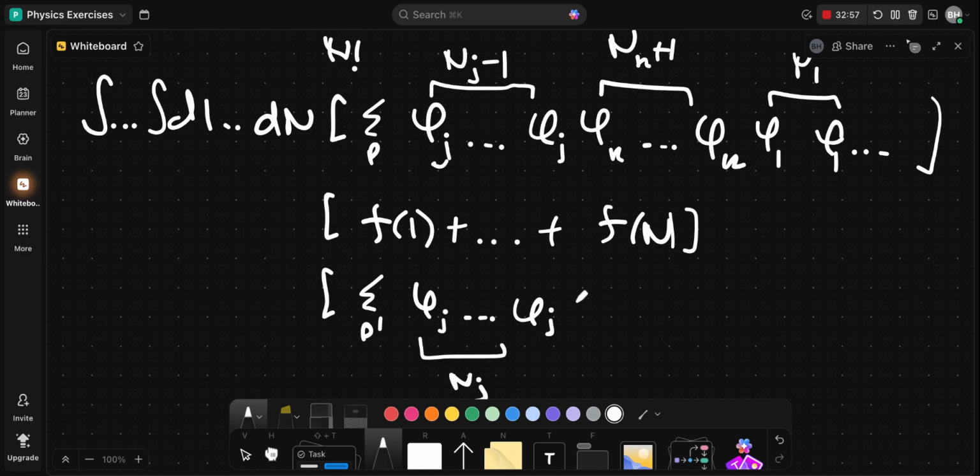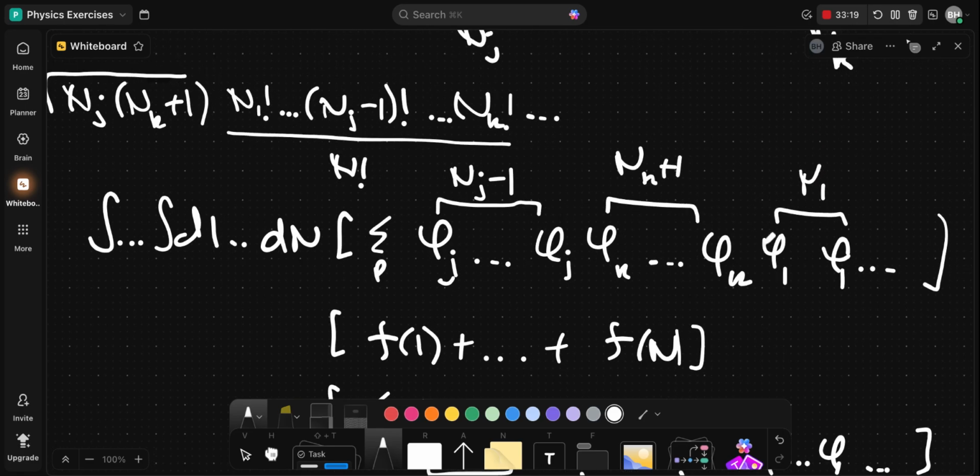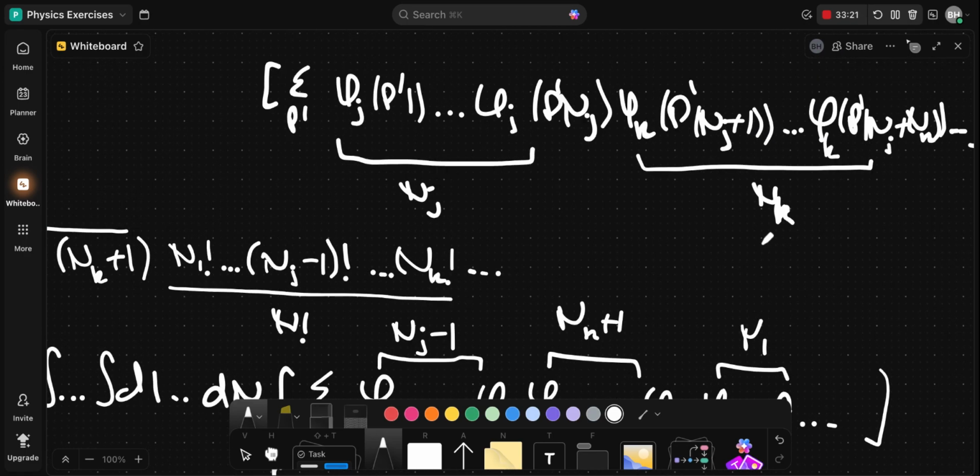And I'm going to have the phi k nk times. And all the rest are going to be the same. Okay, I simplified this notation slightly because I didn't write the coordinate indices, but they're according to the permutation. So if that is confusing, one must go back to this previous one.